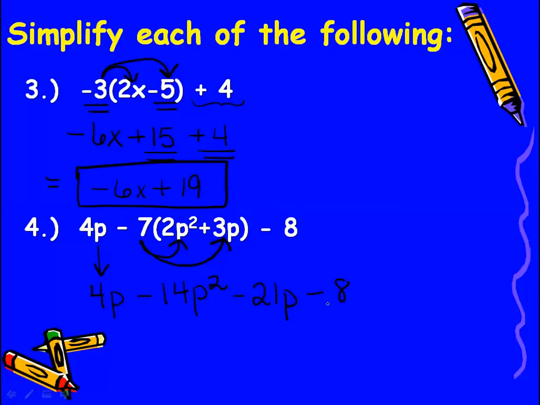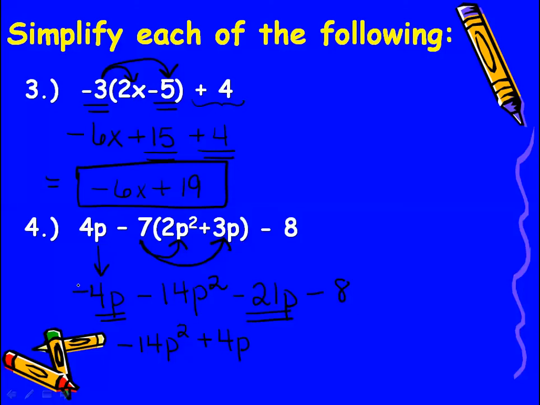Now I look for like terms. As I look across this problem, I notice that I have a 4p and a negative 21p. I'm going to combine those two terms together. Usually when I combine like terms, I like to start with the highest exponent and work toward the lowest. So I'm going to put the negative 14p squared first. Then I'm going to have plus 4p.